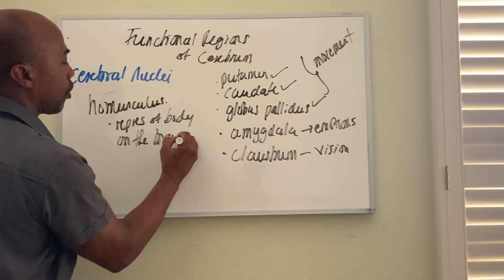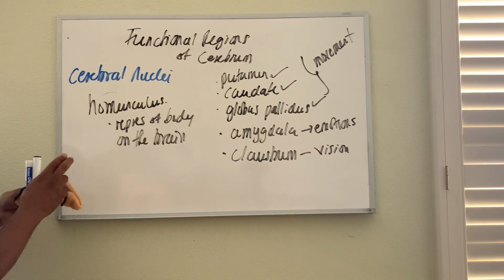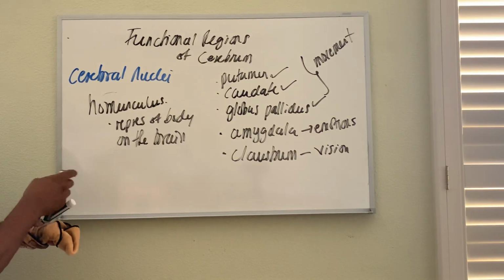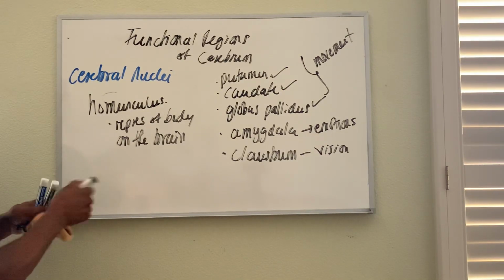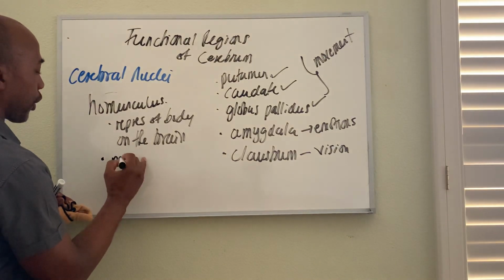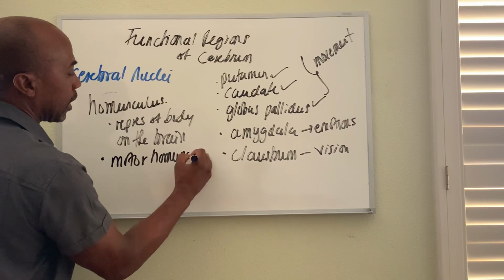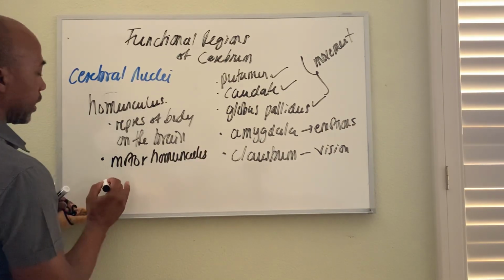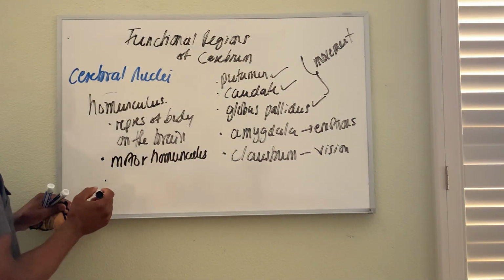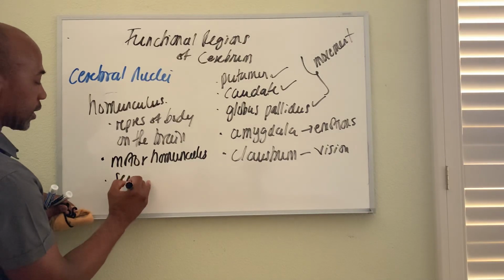There's a map of it on the primary motor cortex, called your motor homunculus, and there's also one in the primary somatosensory cortex, called your sensory homunculus.